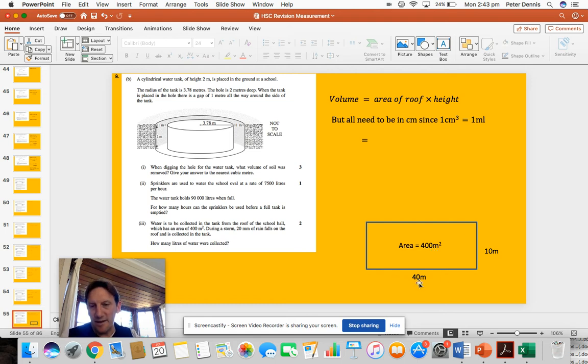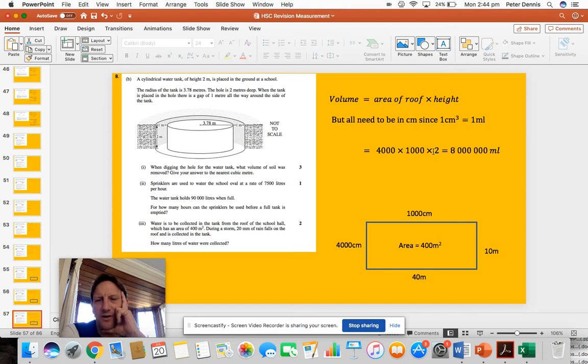I've set this up. 40 metres is 4,000 centimetres. 10 metres is 1,000 centimetres. So suddenly I know that 400 metres squared is 4,000 times 1,000, times 2. Now, where did I get that 2 from?